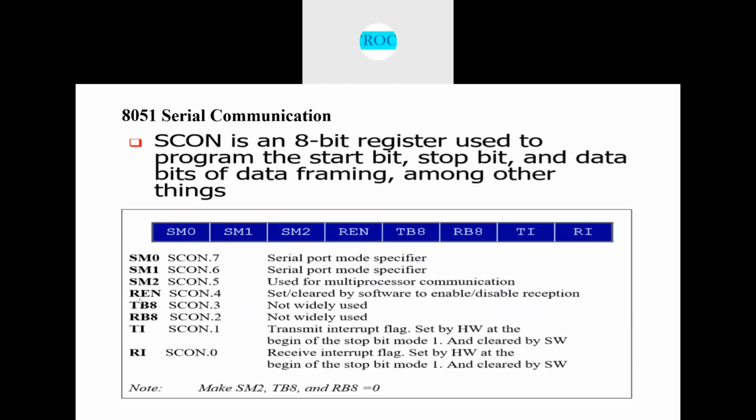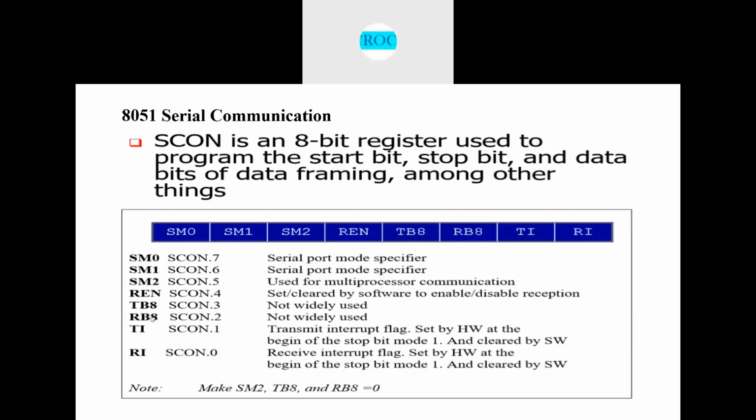REN is the receive enable bit. If the data needs to be received, the REN bit always needs to be set. If REN is equal to 1, the receiver is enabled. If it is equal to 0, the receiver is disabled.